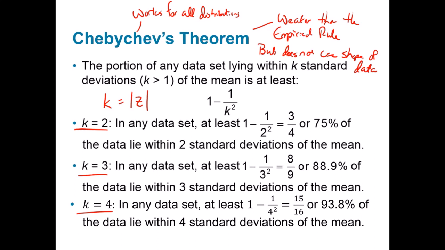The ones I will give you on the test are going to be k equaling 2, k equaling 3, k equaling 4, keeping it to the whole numbers. So what k equaling 2 tells us, in any data set, there is at least 1 minus 1 over 2 squared, so there is at least 75% of your data values within those 2 standard deviations of the mean.